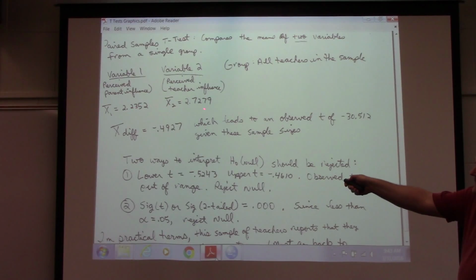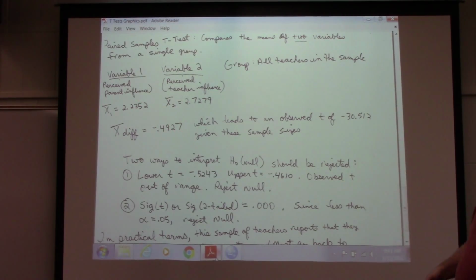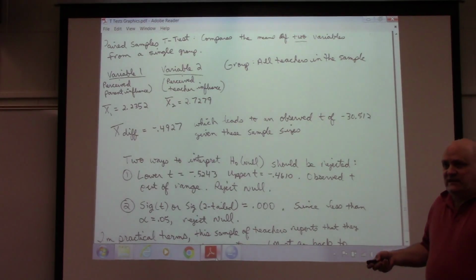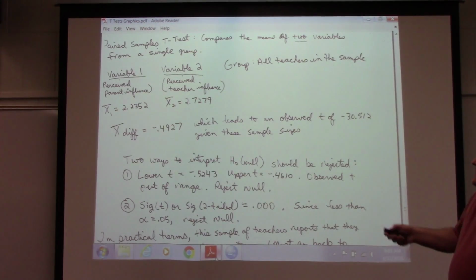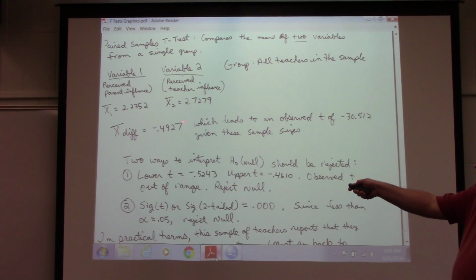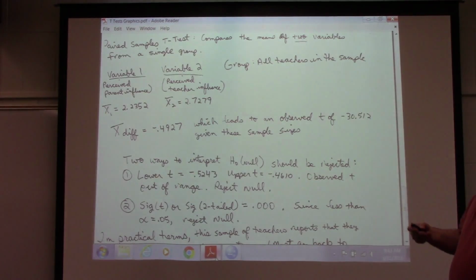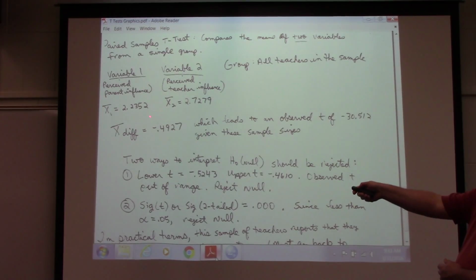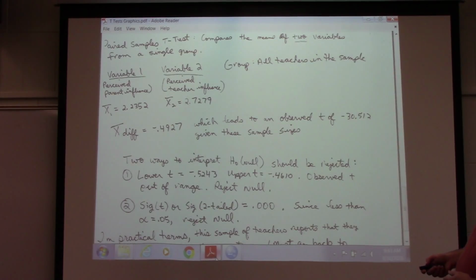The difference between those 2 means is negative 0.4927. So that question is basically in the numerator, is that mean large enough to be far enough away from 0 to consider there to be a statistically significant difference between those 2 means?